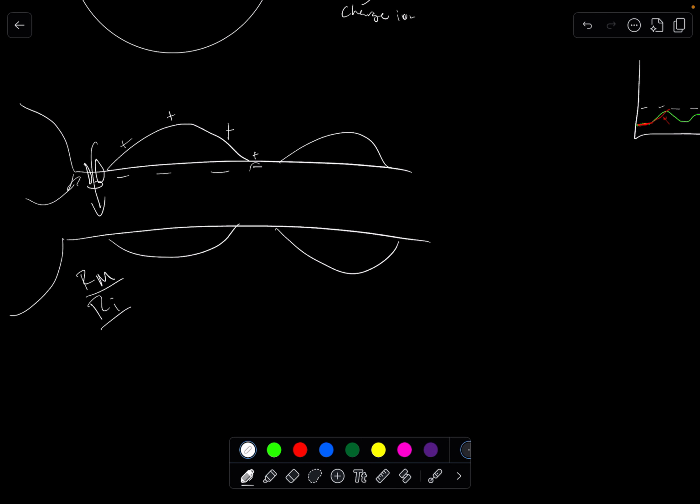So our internal resistance is going to go up just a little bit, but our Rm is going to go way up, because we're not going to have very many ions crossing this membrane.